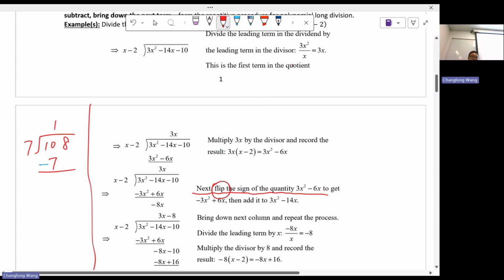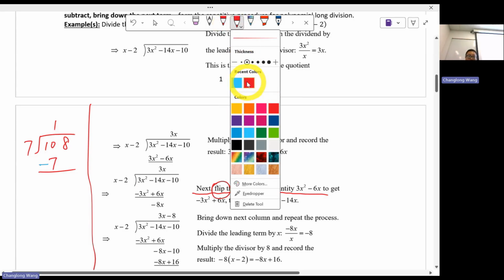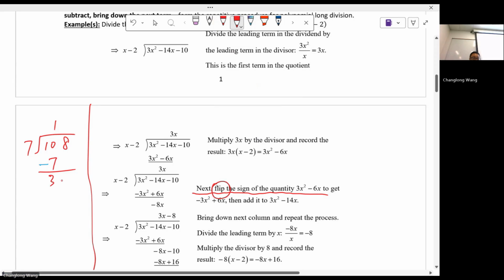So instead of thinking about subtraction, it's probably easier for you to track the signs. Well, it might not be that useful for the numerical case, but as you will see in the polynomial, it might be a bit better. But anyway, it works out the same way with or without flipping the sign if you're just doing the pure numbers. Okay, that's what they mean by flipping the sign.